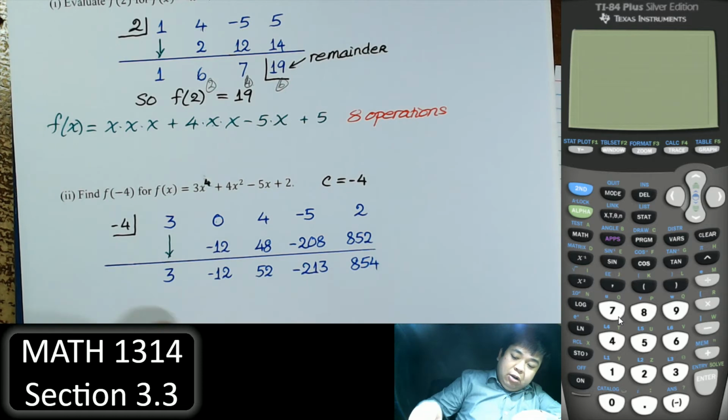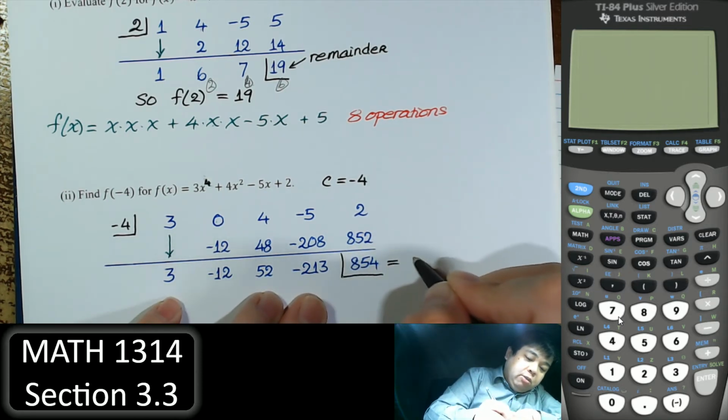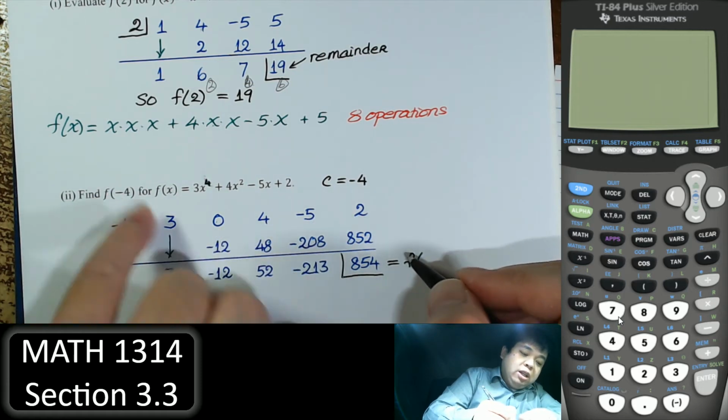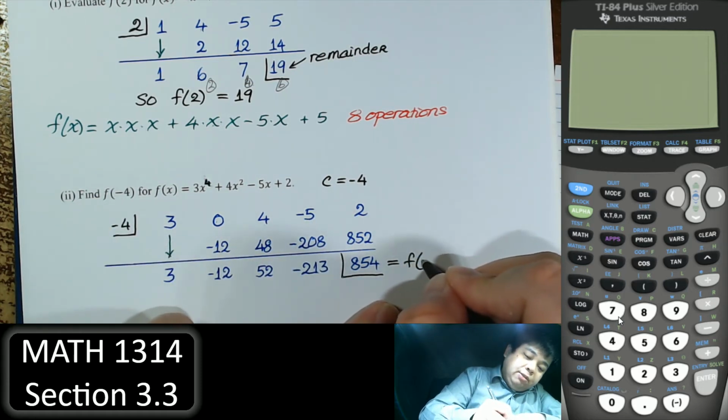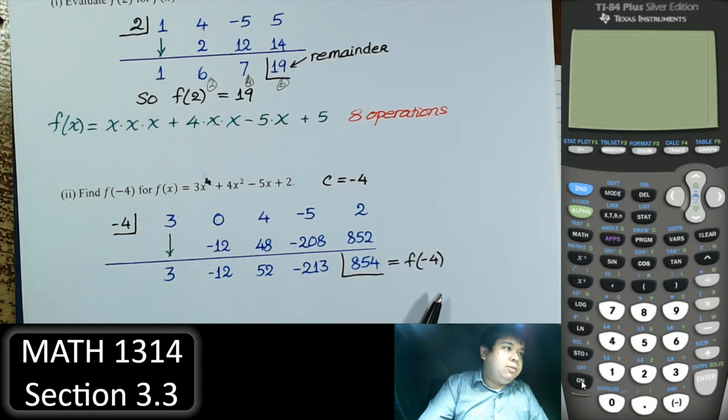So the last number is the remainder. Not only that, it is the value of the function where we substitute c into x. Right, let's see if it works.